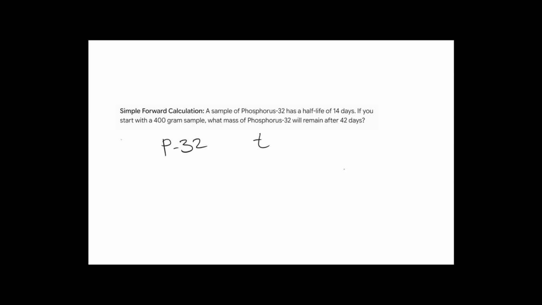Now I'm going to put half-life as time, T, and then underscore that by half, meaning half-life. And the half-life of phosphorus 32 is 14 days.